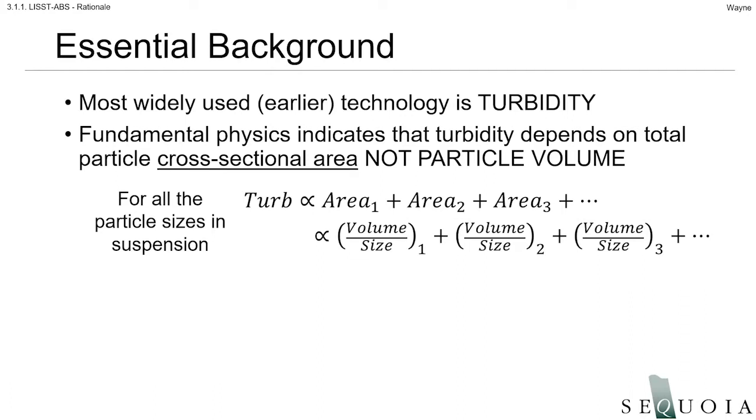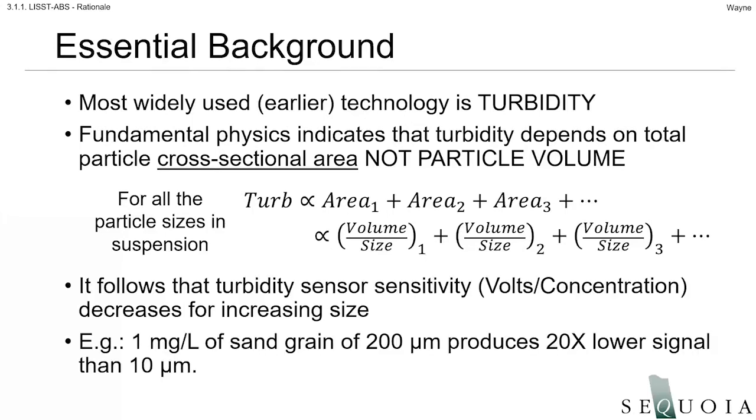If we assume that we have some particle density and then consider that the volume in that equation is proportional to the mass concentration, then the output of the turbidity probe, for example in volts, its sensitivity to actual mass concentration will decrease for increasing particle size.